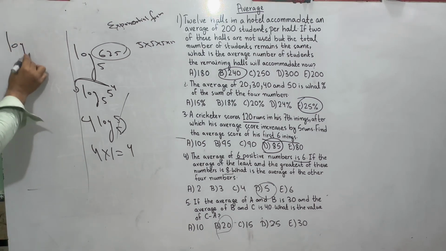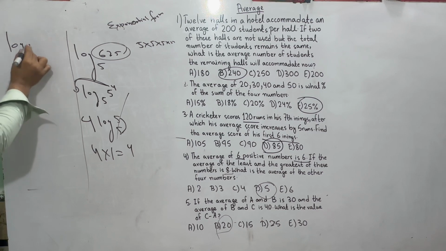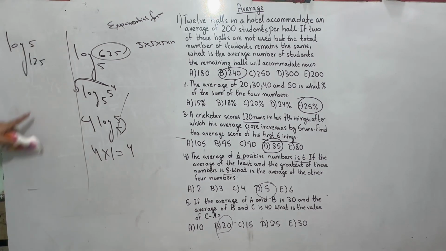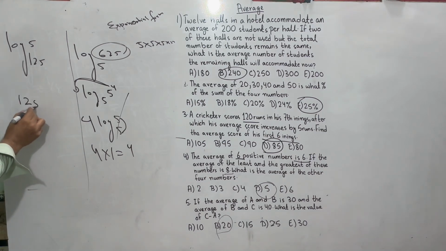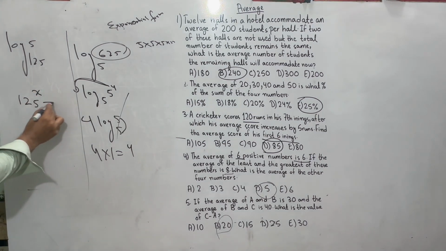Log of 5 to the base 125 is equal to what? How to handle this? Base 125 means 125 raised to what power to get 5?